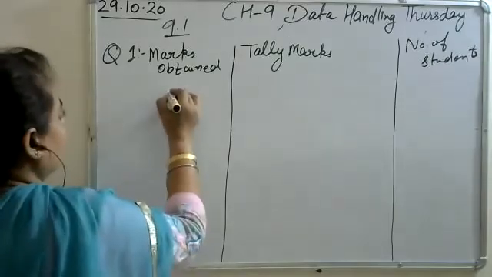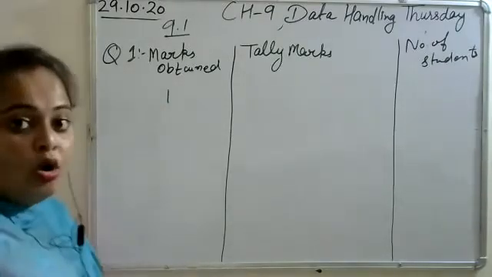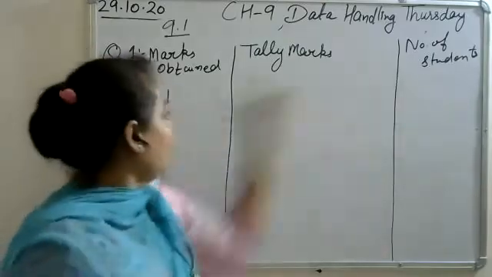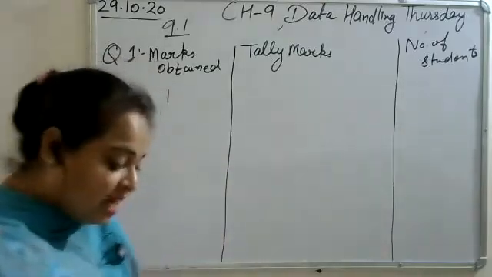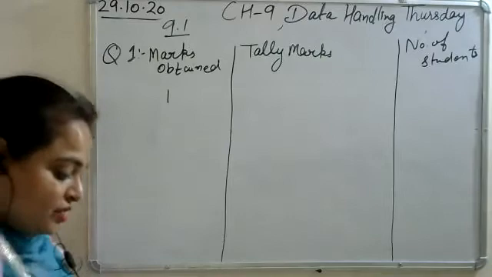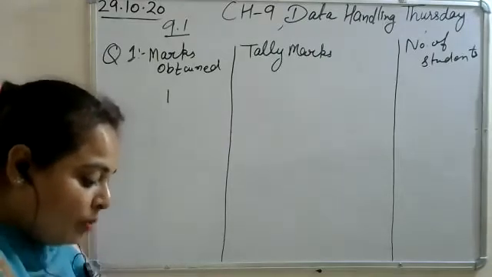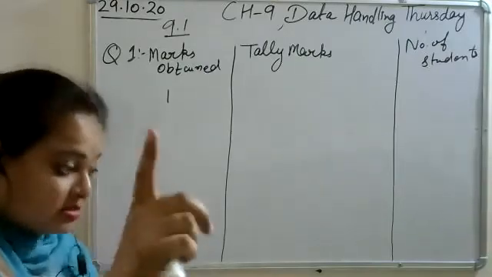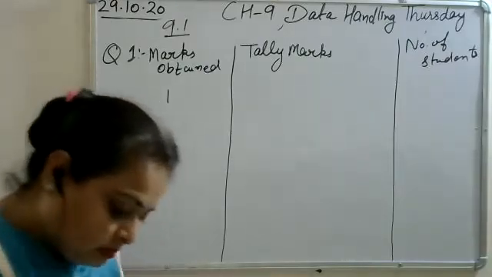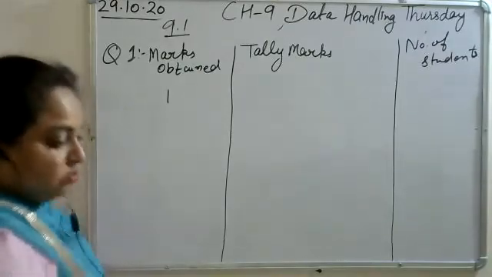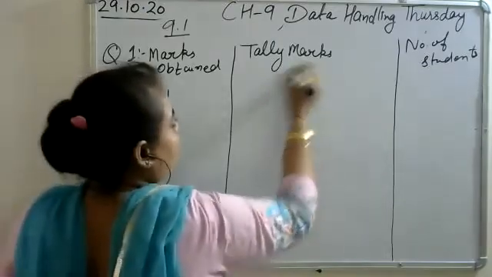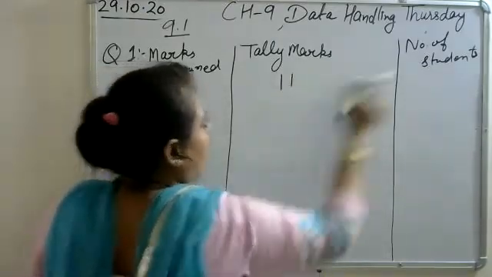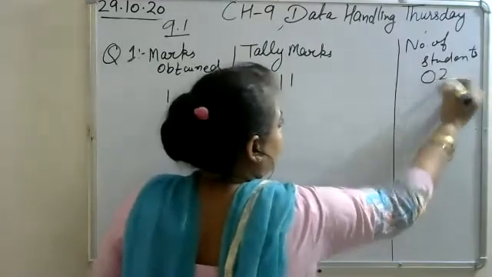Now tell me, how many students will get 1 mark? Start your counting and write down in the chat box. How many will get 1 mark? 2. Yes. So tally marks 1, 2 and here you will write 2.